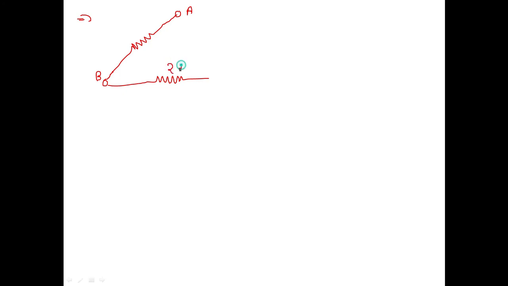This is 2 ohm, and between the A and B terminals there is a 4 ohm resistance, and this one is your 6 ohm resistance. Then there is a 10 ohm resistance, another 10 ohm resistance, and there is another 14 ohm resistance.